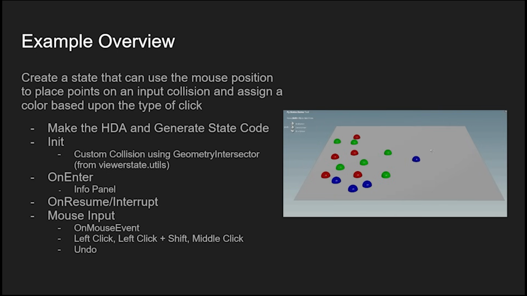Most of the heavy lifting will be done by the onMouse event handler, getting the position of the mouse and assigning points with left click, adding red, left click plus shift, adding green, and middle click, adding blue. We'll also briefly touch on how you can cleanly undo each action.